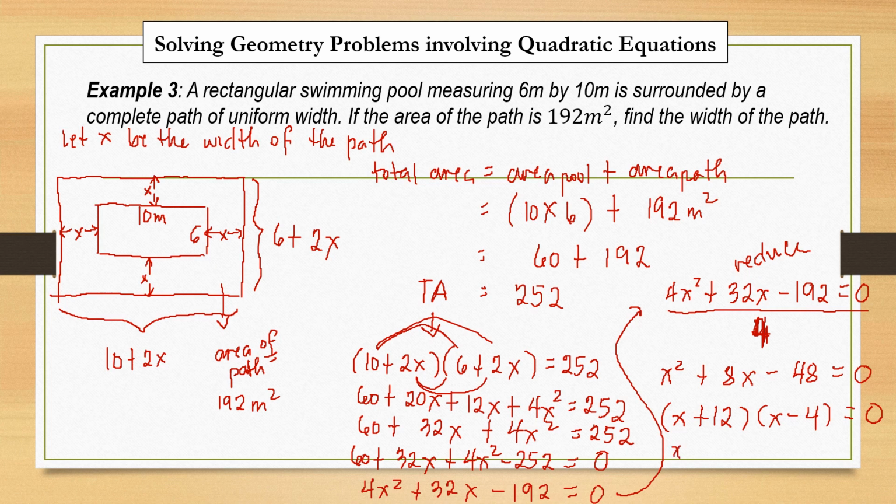Applying the zero product property, we have x plus 12 is equal to 0, x minus 4 is equal to 0. x sub 1 is negative 12, x sub 2 is positive 4. So what are we going to do with negative 12? Since there is no negative dimension, we will disregard negative 12. So we have x is equal to 4.